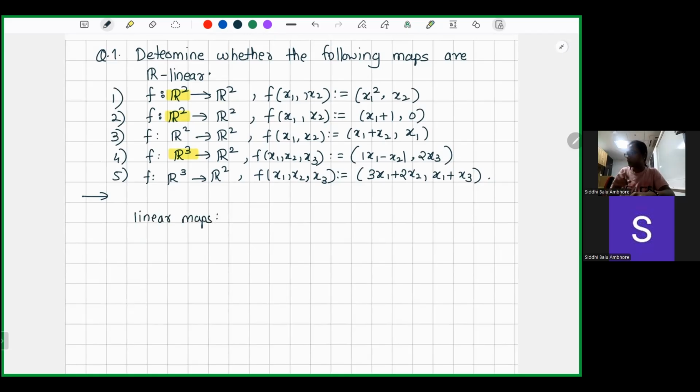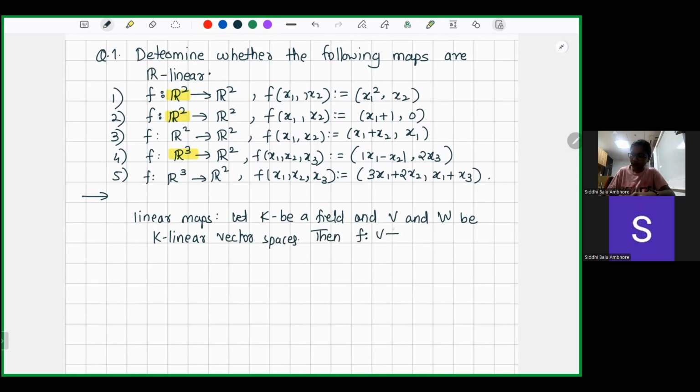Let K be a field and V and W be K vector spaces. Then f from V to W is called a linear map if it satisfies the following conditions.